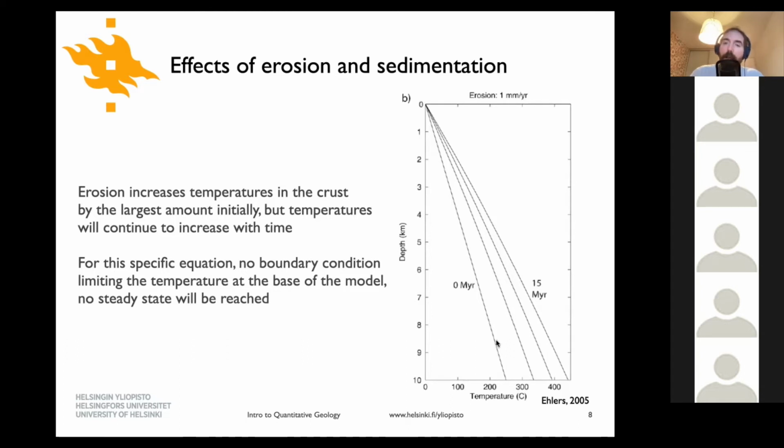Over time, as a result of this erosion and the advection of heat up toward the Earth's surface, you can see temperatures are increasing. Every 5 million years you have a line drawn here, so that after 15 million years, the temperature is quite a bit hotter than it was at the beginning over this 10 kilometer range of depths.